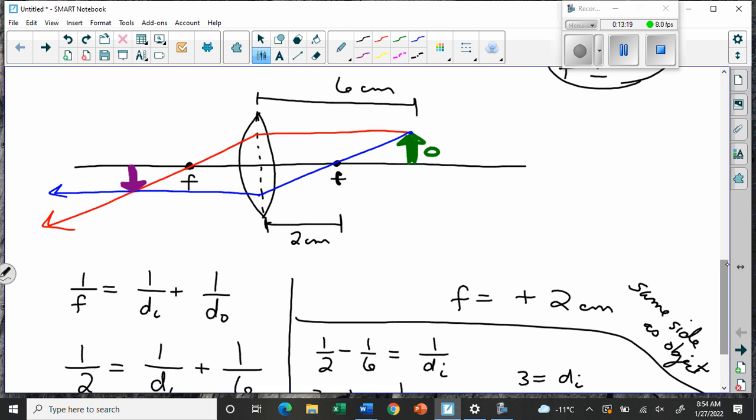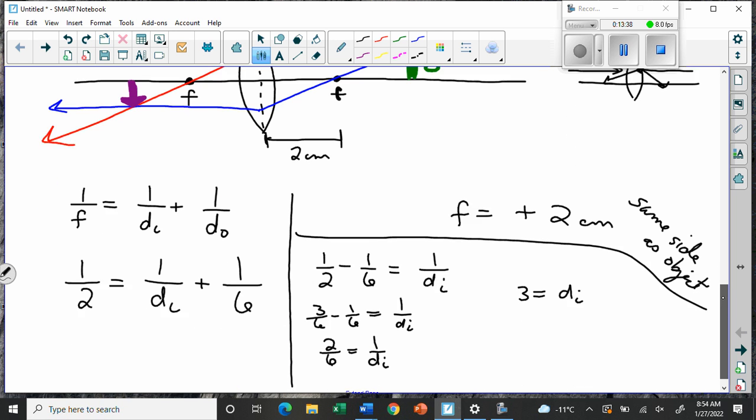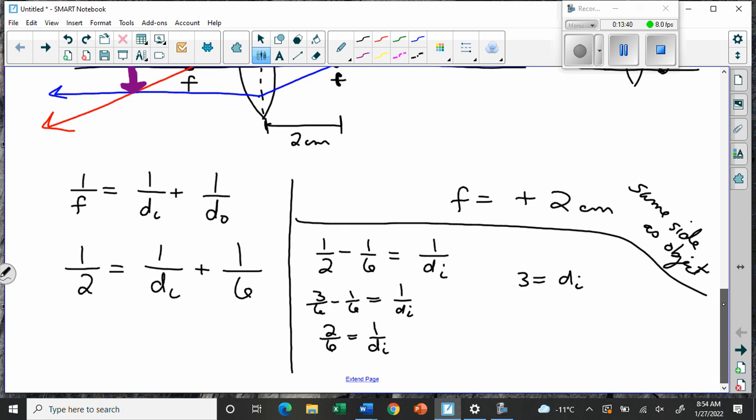The light actually focuses on both of those places. If you take a lens and you push the light through this way, it'll focus on this side. But if you push the light through this way, it'll focus on that side. But they're both real. They both are in the real world. So it makes sense that we got a positive answer here for the real DI.